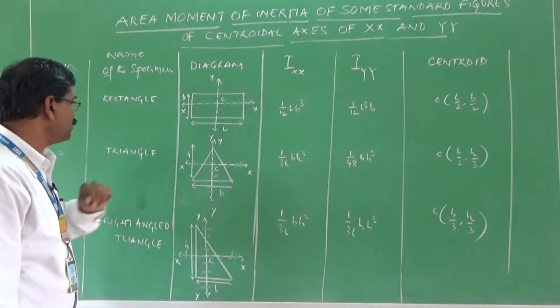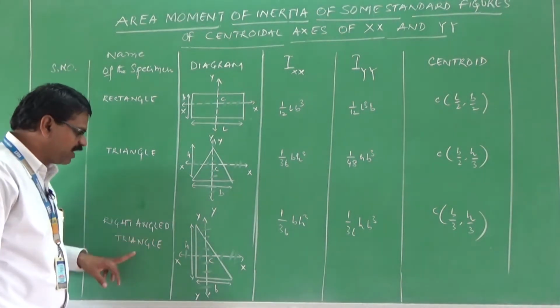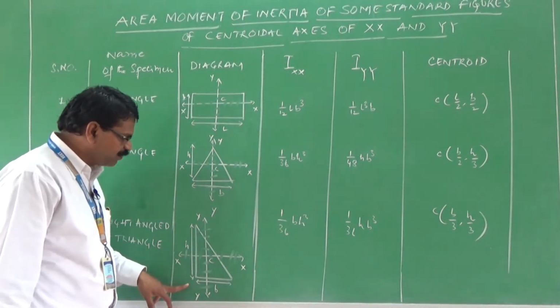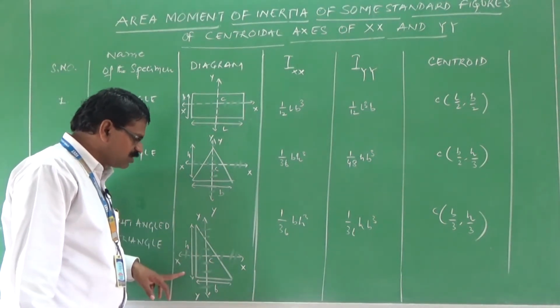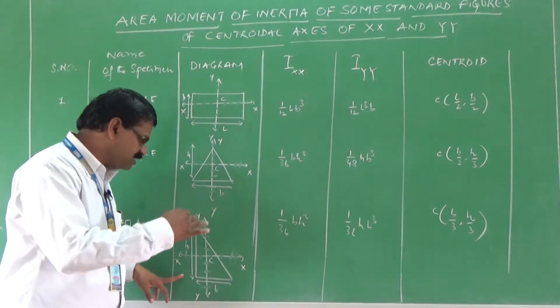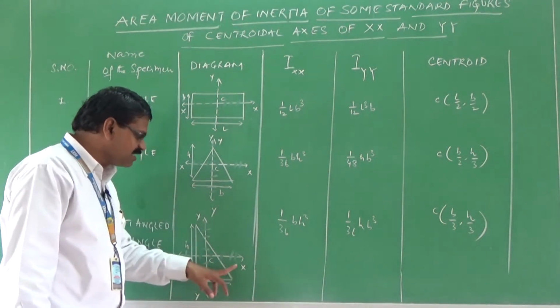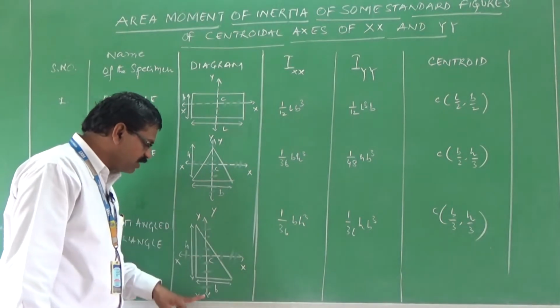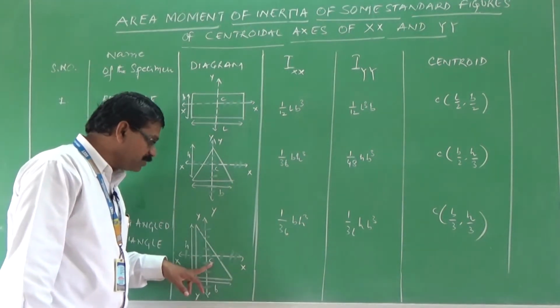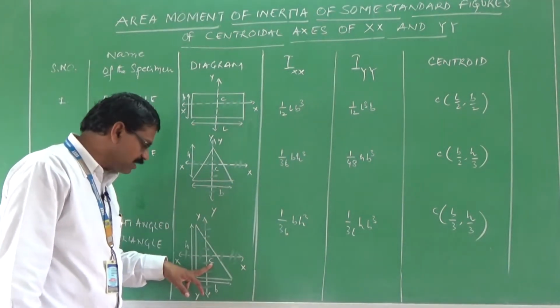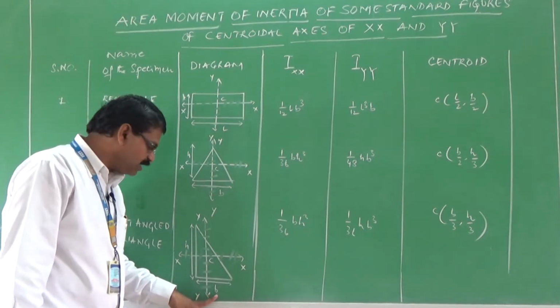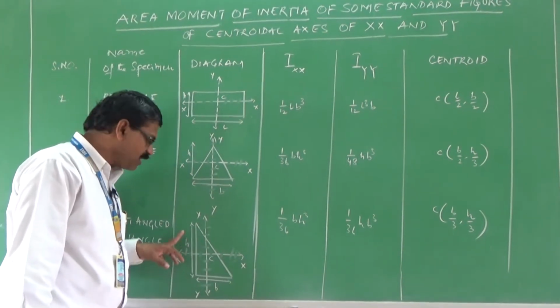Now coming to the third specimen, which is the right angle triangle. If you see this diagram, the right angle triangle is also split into two centroidal axes, xx in the horizontal direction and yy in the vertical direction. This C represents the centroid of the right angle triangle, B is the base of the triangle and H is the height of the right angle triangle.